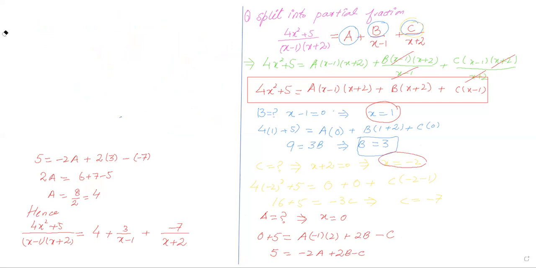So this is method number 2. In this method, you find the first unknown constant according to this method.